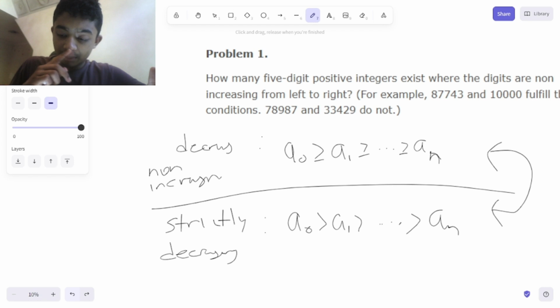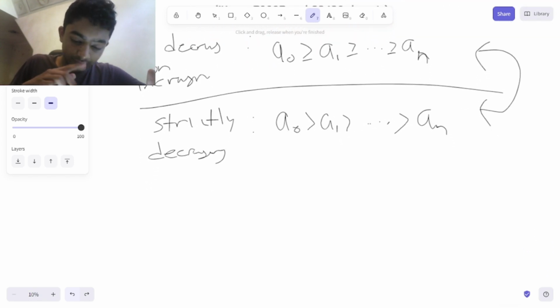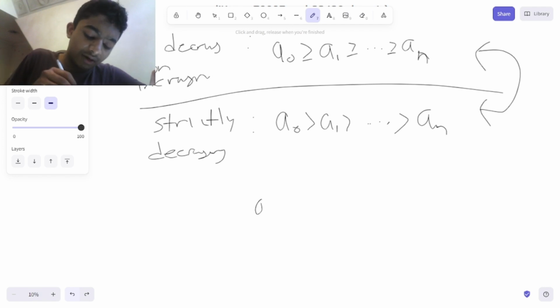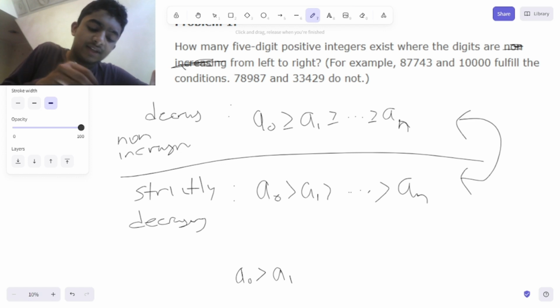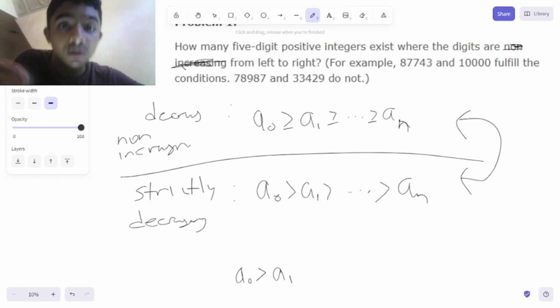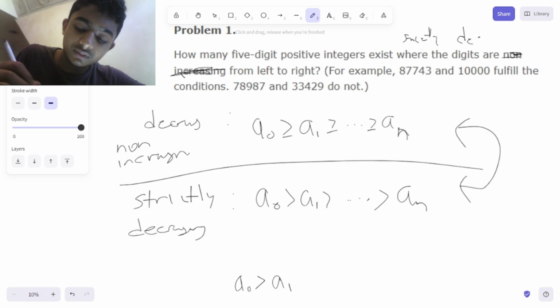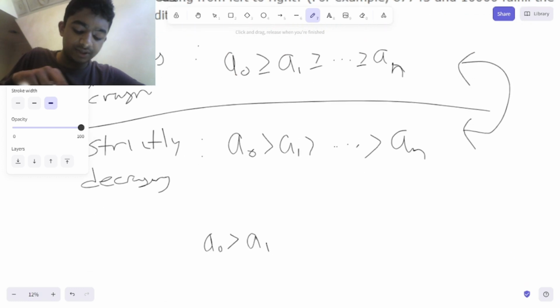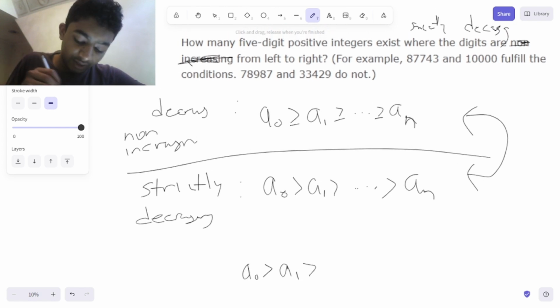This is a common problem. So how would there be an easy solution? Let me explain that to you. Let's pretend that this problem was different. Instead of asking for non-increasing, let's do the same problem but say it's asking for strictly decreasing, a strictly decreasing 5-digit positive integer, where a0 is greater than a1.